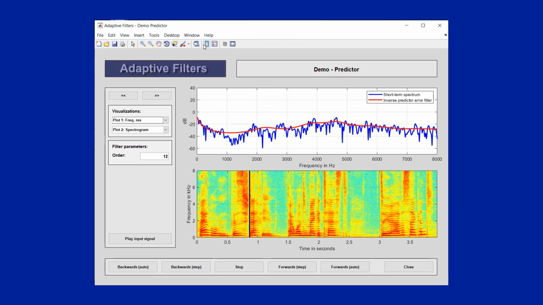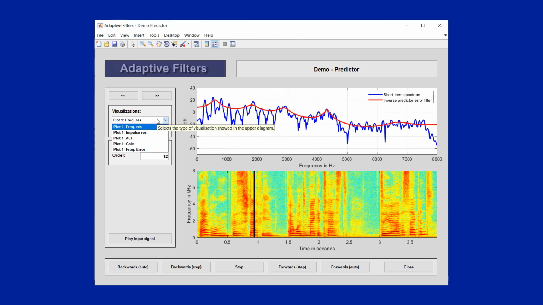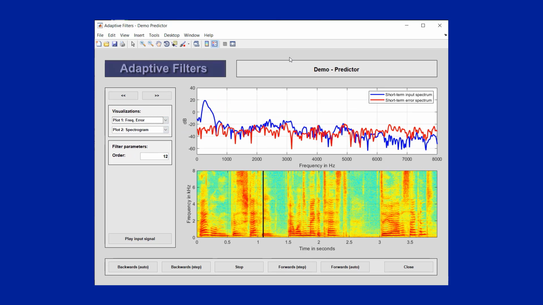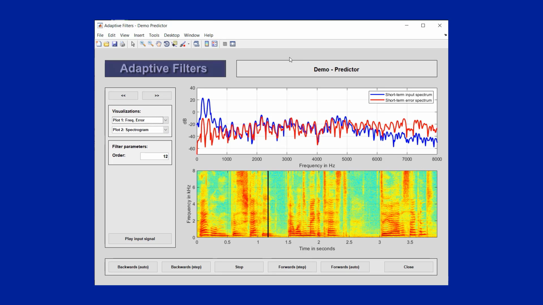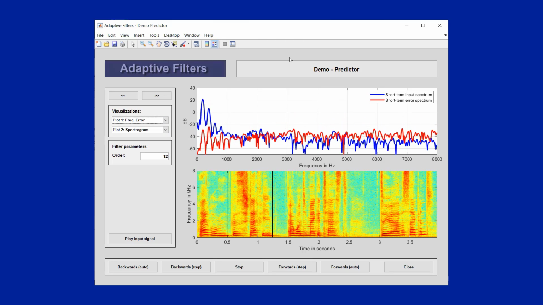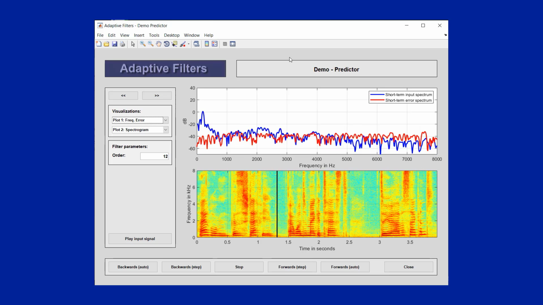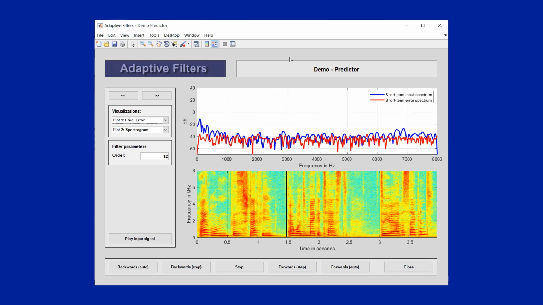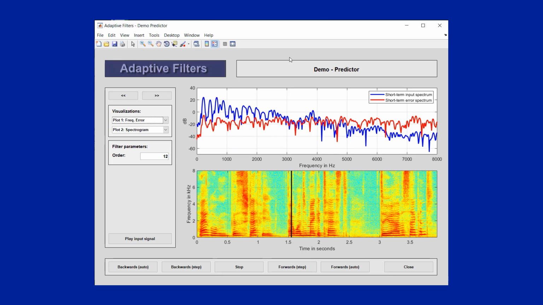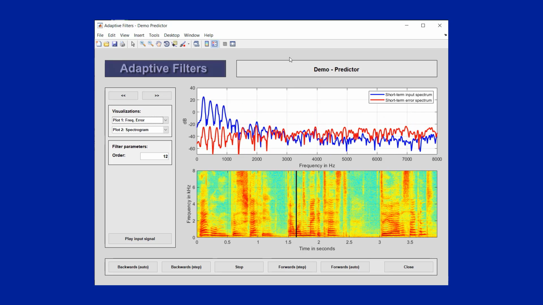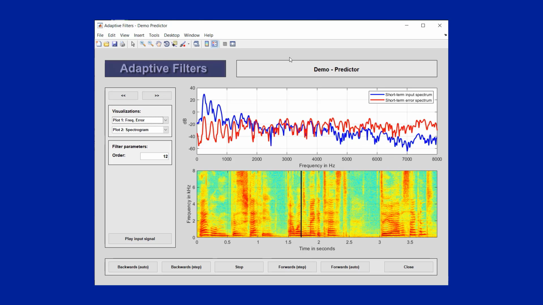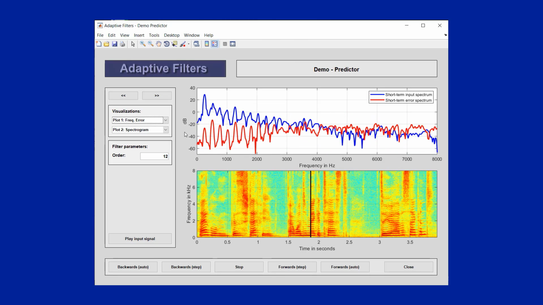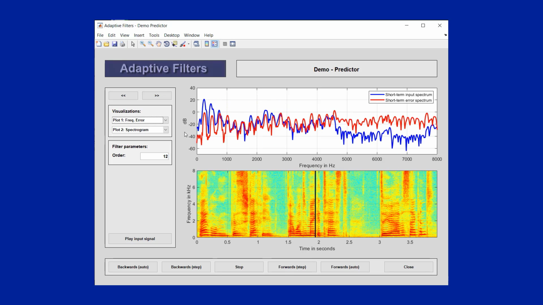And when I then look at the error signal, we see that it's actually more flat. This means that we reduce the high energy peaks, and it also means that we removed correlation from our signal when we compare s of n to our error signal. So our error signal is actually whitened compared to our original speech signal.